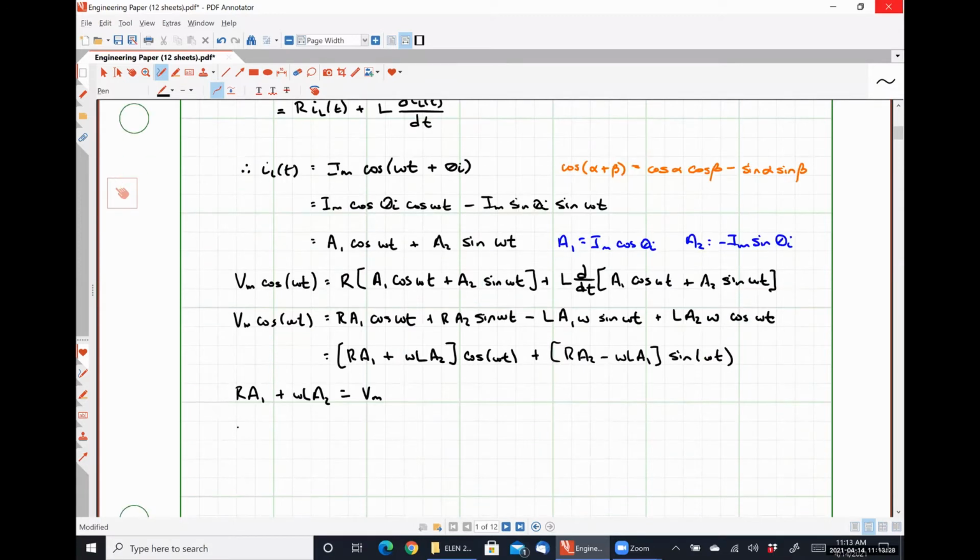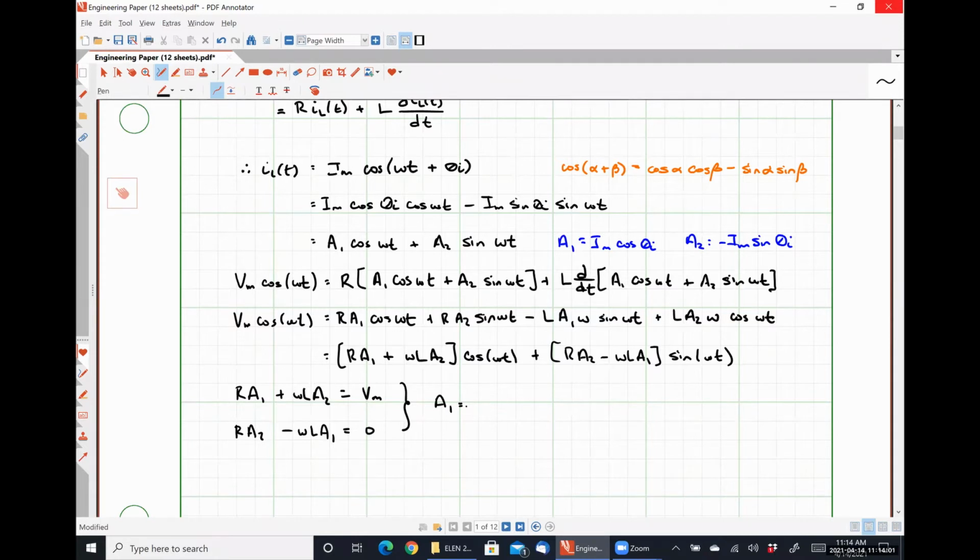And similarly, I can say that R A2 minus omega, sorry, shouldn't be lowercase l. We'll be dealing with that later. A1 is equal to 0, and I have a simple system of equations, two unknowns, which yields the following results.